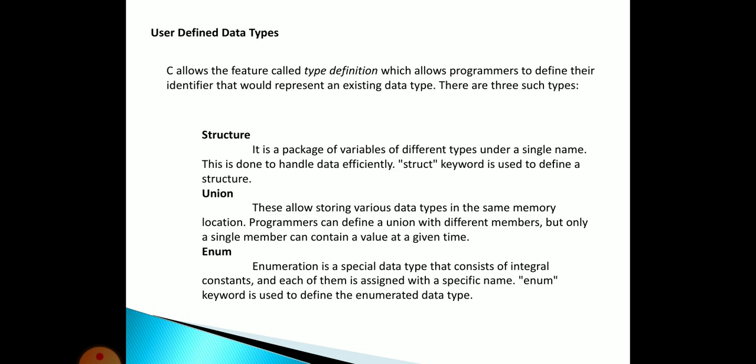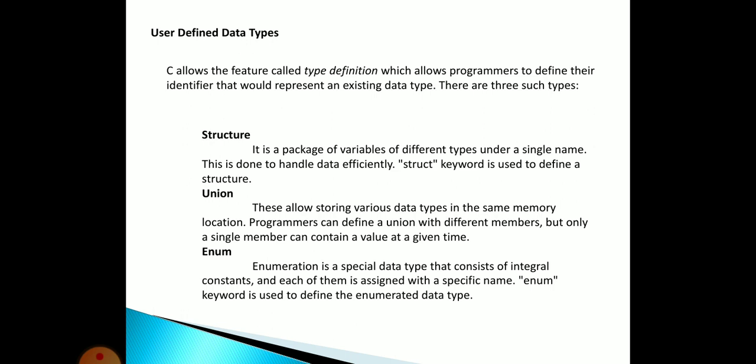And the next one is the user defined data types. In C, we make use of type definition that allows programmers to define their own identifier that would represent an existing data type. There are 3 types of user defined data types: structure, union, and enumerated data types.